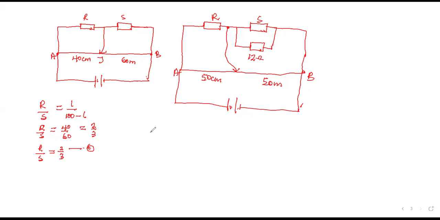Then at the second balance point, this time S changes a little bit. S is now connected to a 12 ohm resistor. So the equivalent resistance, S equivalent, must be 12 times S over 12 plus S. Are we okay here?